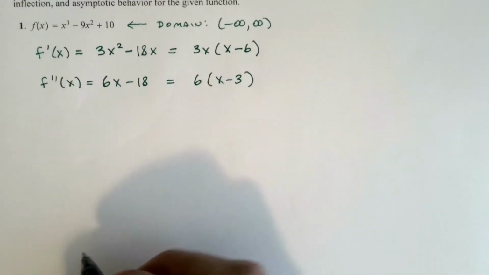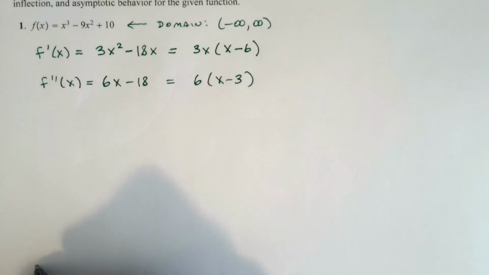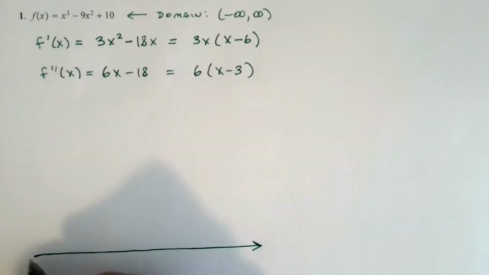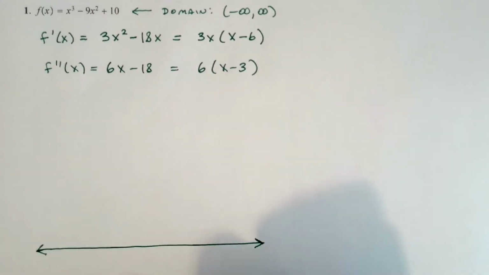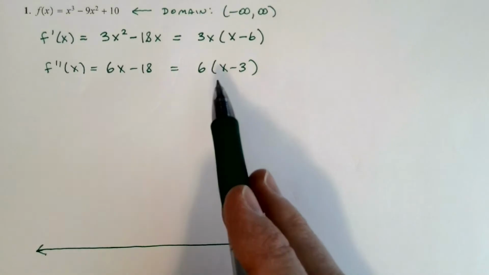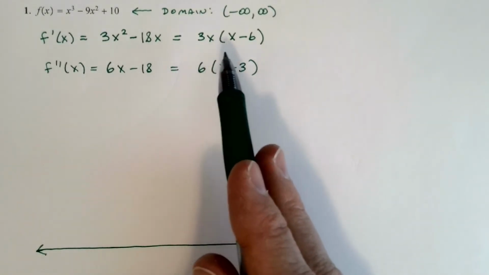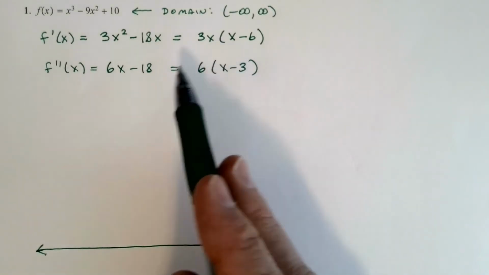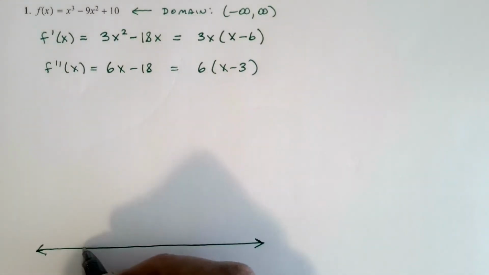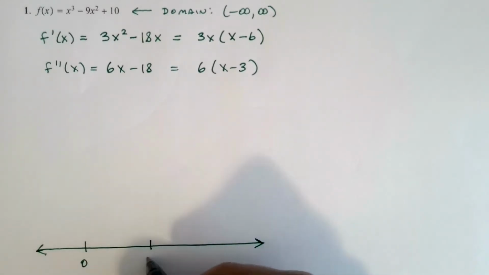And so my sign check, domain is all real numbers, so I'll stretch this line through all real numbers. And then clearly the first derivative is equal to 0 when x is 0 and 6. And the second derivative is 0 when x is 3. So let's just see what's happening at those points: at 0, at 3, and at 6.